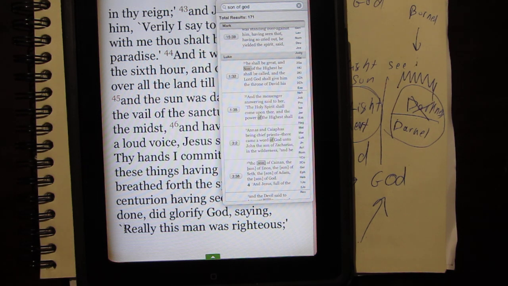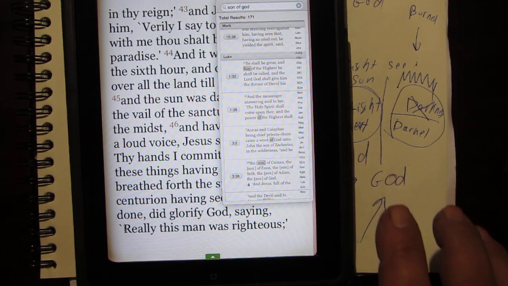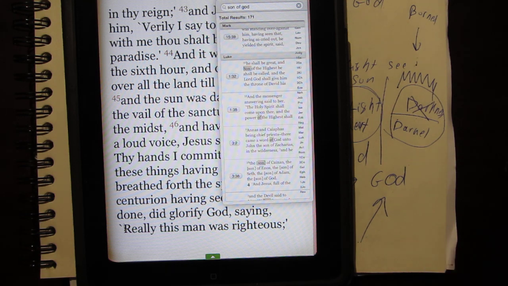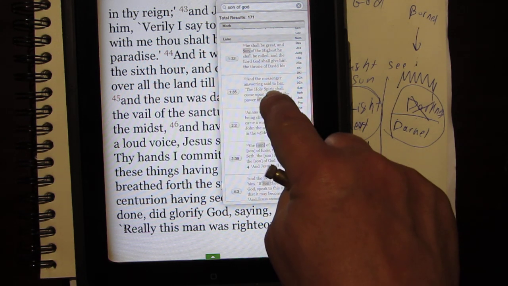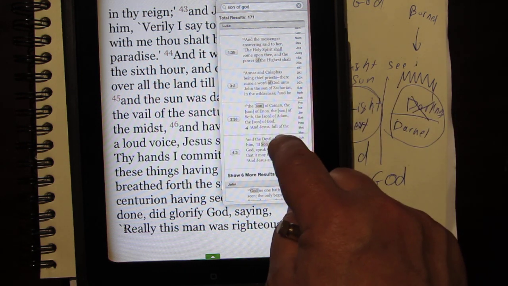The Jews heard, my beloved Son. They never heard, hear ye him. Only the three apostles, Peter, John, and James, heard that. I know there's a lot of information here, and you're going to start putting things together yourself, because that's what the light does. It magnifies more light.